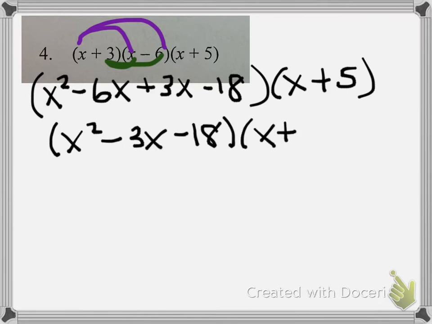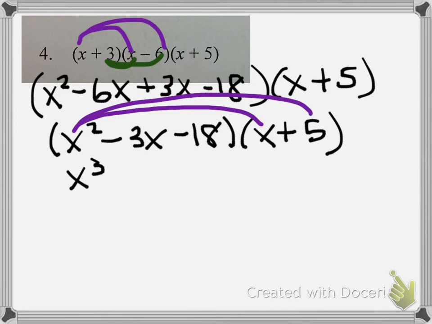And now, this looks very similar to the last problem that we did, and again, we're going to distribute here, except in this case, we're going to take this trinomial and multiply it with the binomial. Pretty much everything in the first part of the parentheses must be multiplied with every term in the second part. So again, we'll take x squared times x, then x squared times 5.